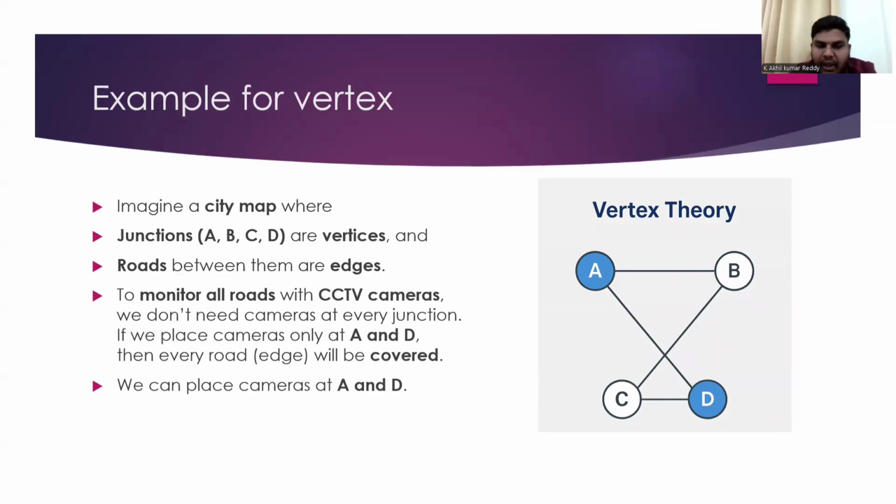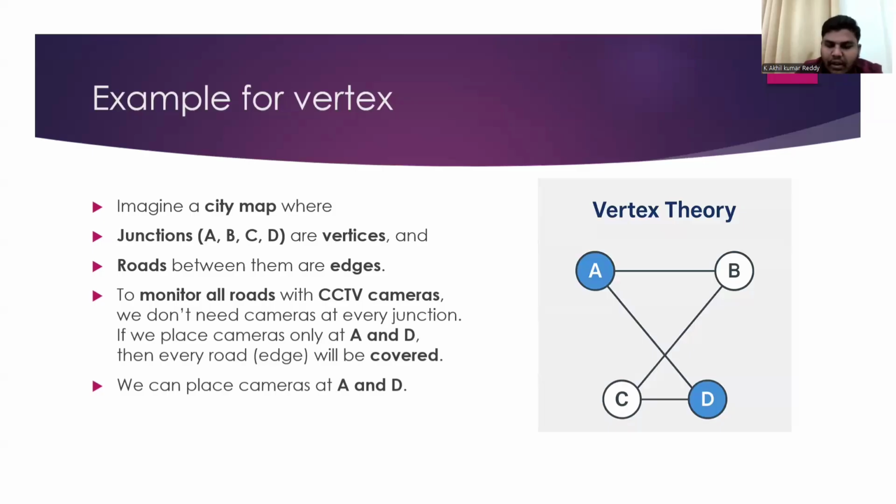If we place a camera at A and D, every road is covered. If we place CCTV cameras at A and D, we can cover all the roads and all the junctions. So it will reduce cost. This shows the power of vertex cover, using fewer resources while getting full coverage.